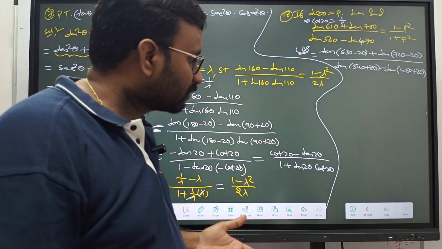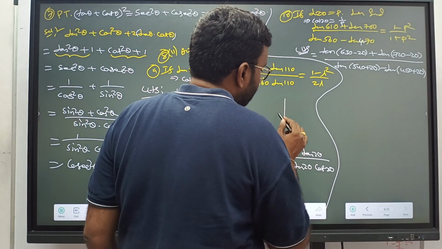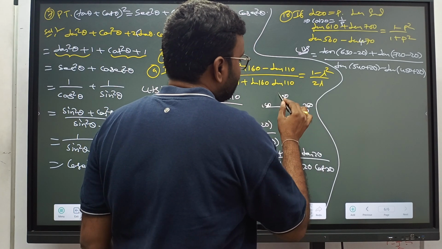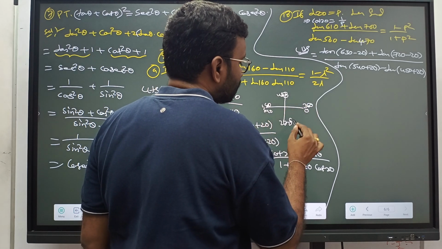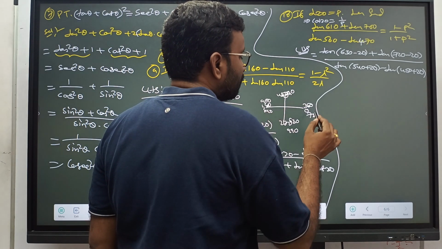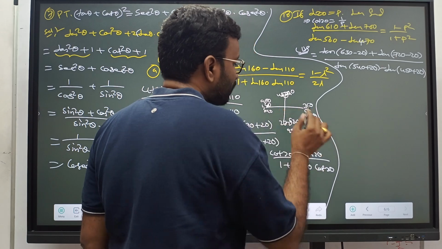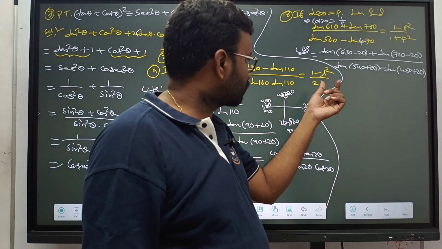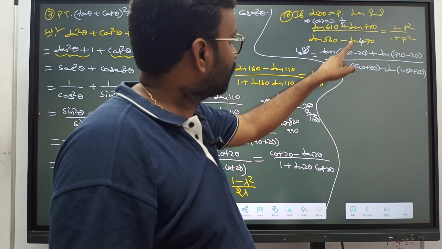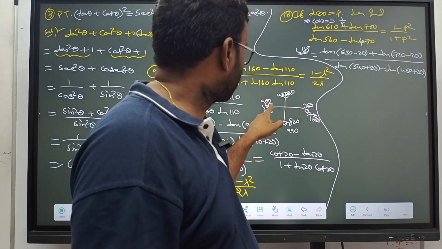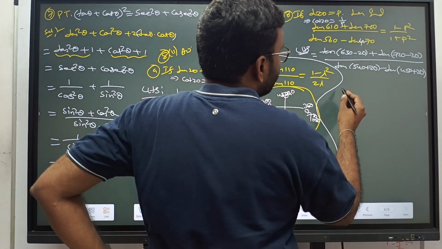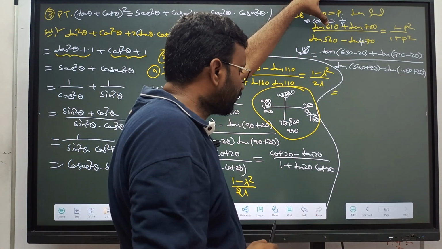Quadrants. There are 4 quadrants: 0, 90, 180, 270, 360, plus 90 is 450, plus 90 is 540, plus 90 is 630, plus 90 is 720, 810, 900, 990, 1080, adding 90 each time. So we take the value close to it: 610 is close to 630 minus 20, 700 is close to 720, 560 is close to 540, 470 is close to 450. Now 610, which quadrant?